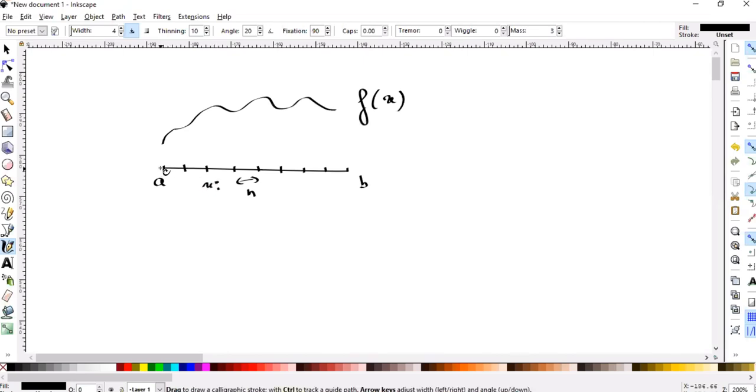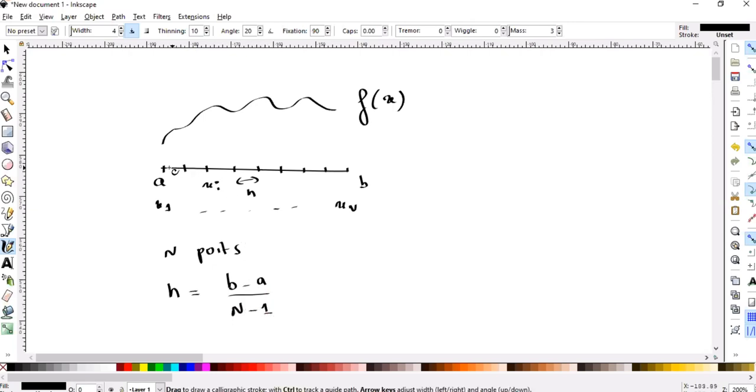So x0, starting by x1 till xn. Basically, if you have n points, you have n minus 1 intervals. So the interval, or the step h, will be b minus a over n minus 1.